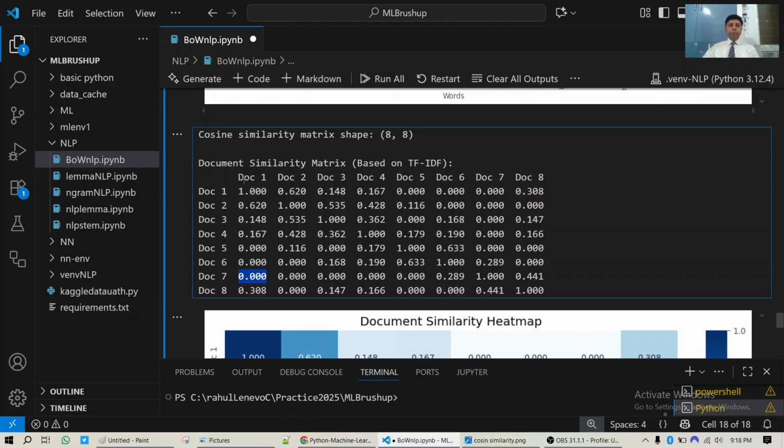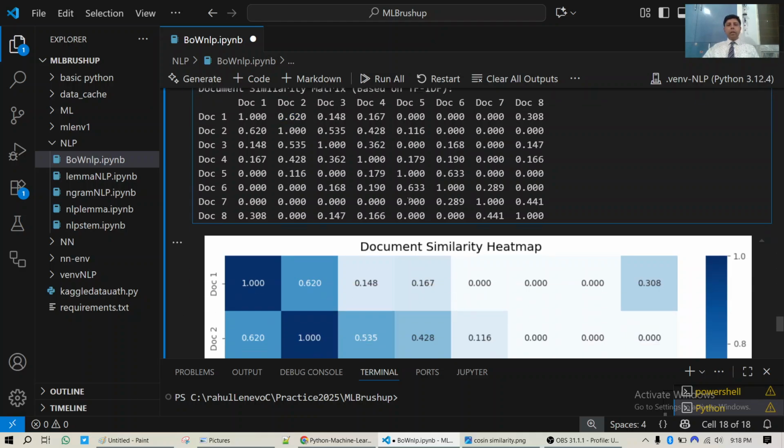For example, if you take document 3 and document 2, the vector similarity is almost 0.53. For document 1 and 2, it is 0.6. This is how similar they are.